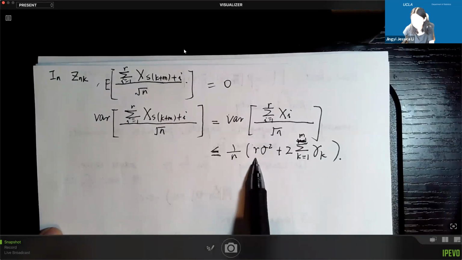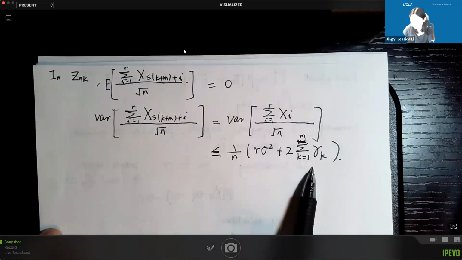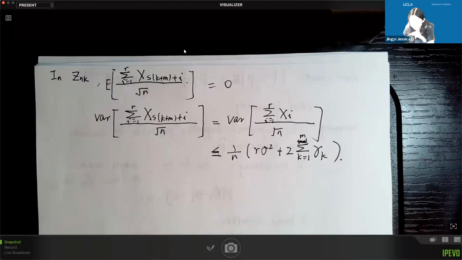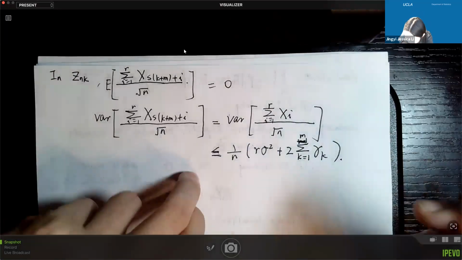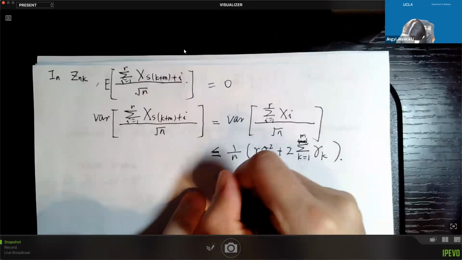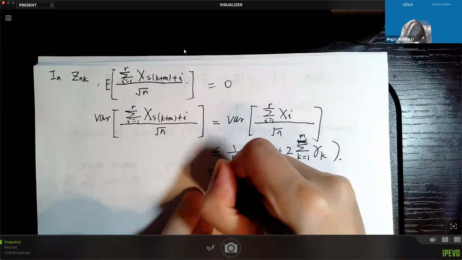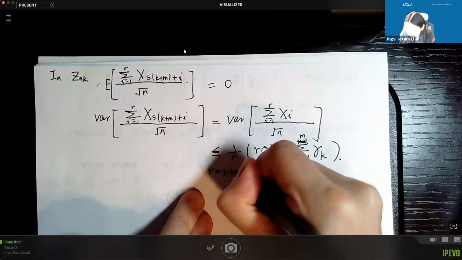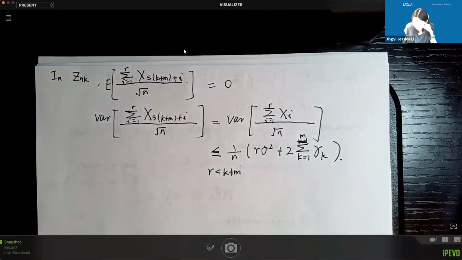This is a constant and this is a constant, right? Oh, sorry, not a constant. I know r is less than k plus m, this is the condition for the remainder.